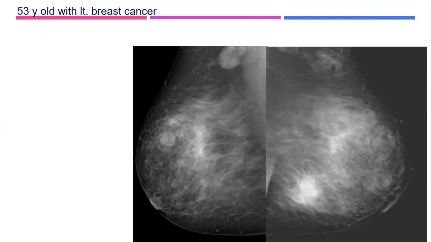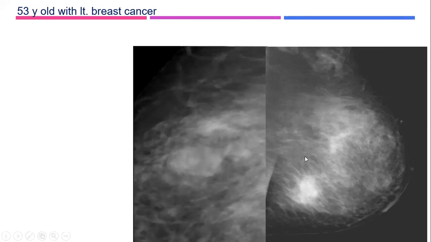Okay. So I would like to do a compression view for both lesions to characterize the margin of the lesions. If not, I will proceed directly to ultrasound.